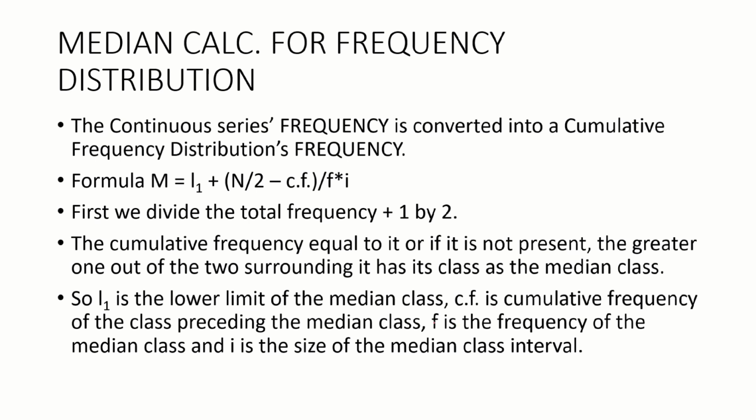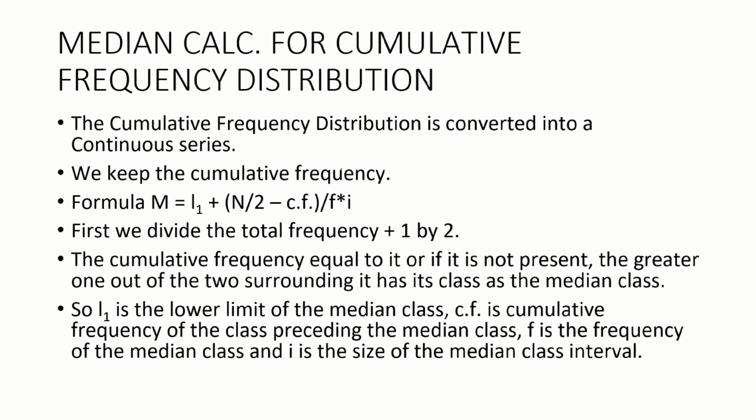And F is the frequency of the median class. And I is the size of the median class interval. Now you can see that if you apply each of those things over here on this equation, you can solve it and get the median.